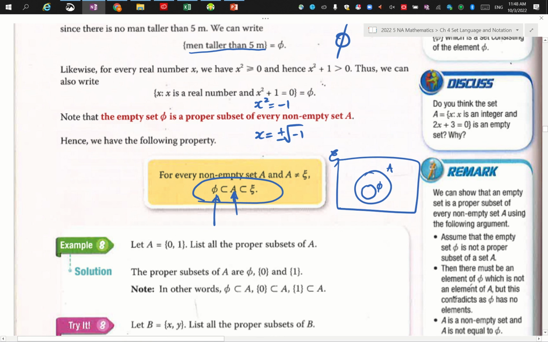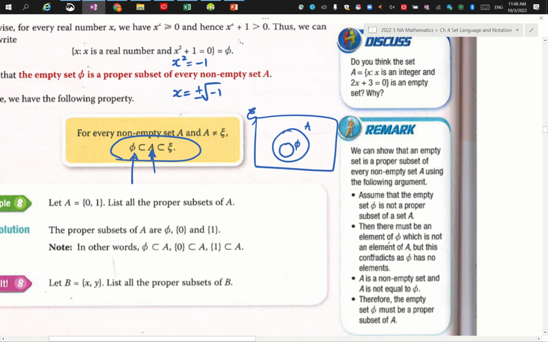I think empty set might be a little easier. Empty set just looks like this. Okay, work with me, think with me. What is inside this empty set? Nothing.